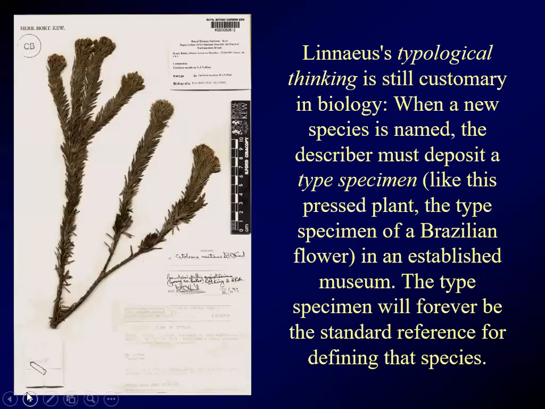I can't even read the name of what this is, but this is the type of a Brazilian flower. It's kept in the Herbarium Hortus Kewensis, the herbarium collection of the Royal Botanical Gardens at Kew, K-E-W, in South London.